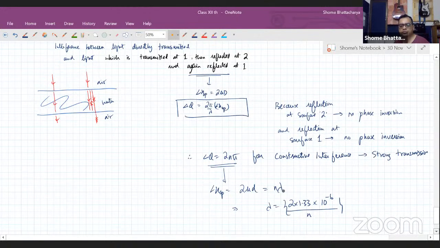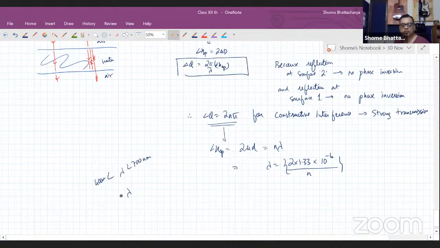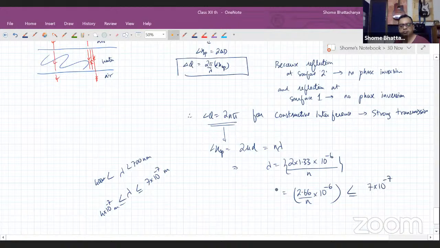So we have to look for those values which fall in this region, okay, so 2.66 by n should be between 7 by 10 and 4 by 10.